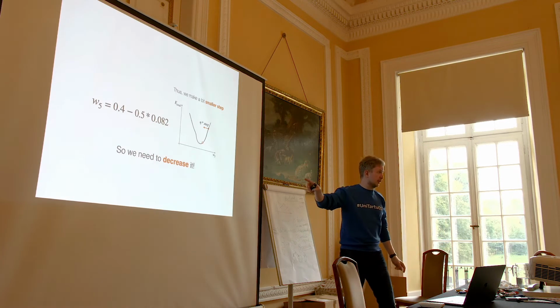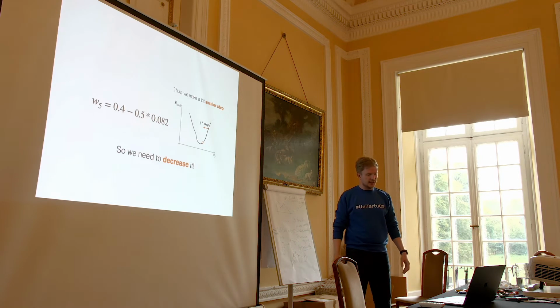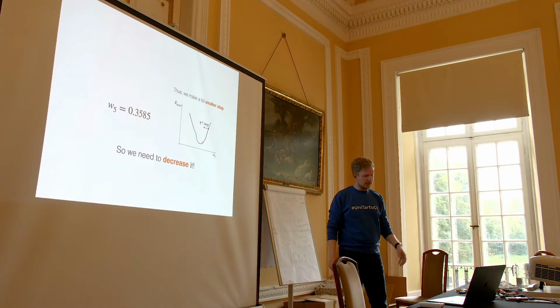Here I don't have to be careful because I have very few weights. I don't have to worry about that stuff. But I'll just be moderately careful by just saying 0.5. So this is what I do. I multiply it, I change my W5.